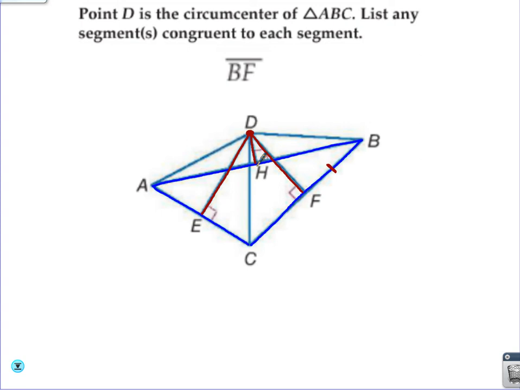Now, does that help? If DF is a perpendicular bisector, then BF is going to be the same length as which one? Anybody? BA? Here? CF. Somebody said it, I think, in the back. CF.